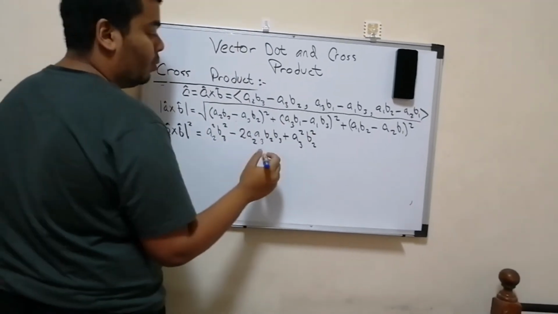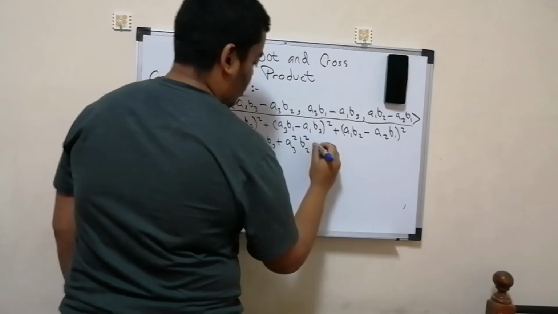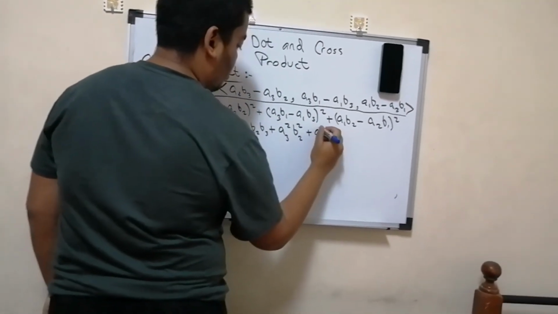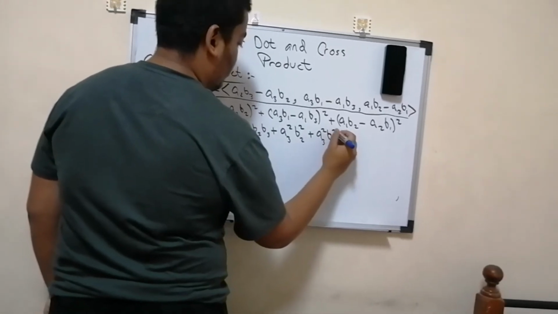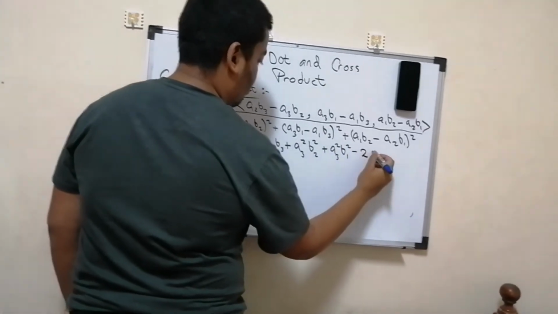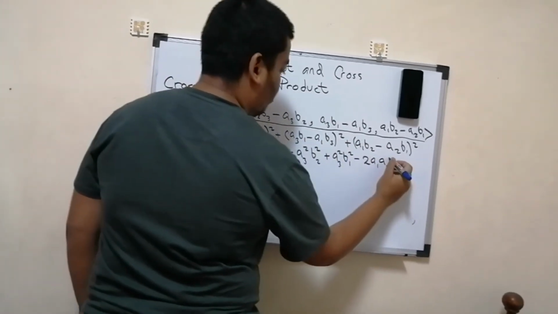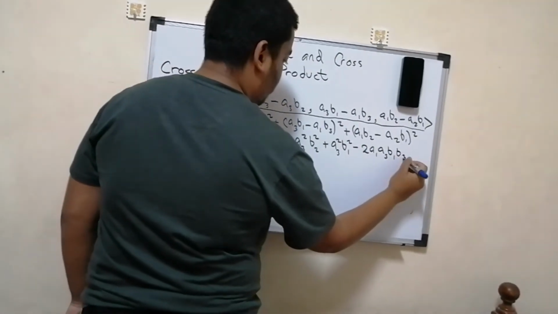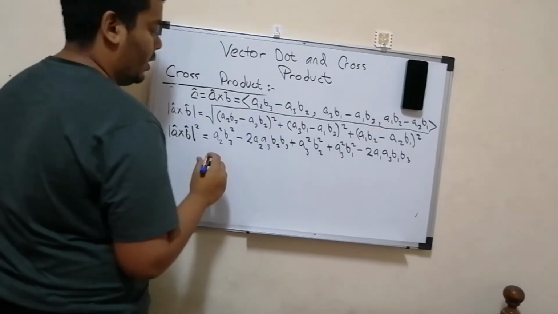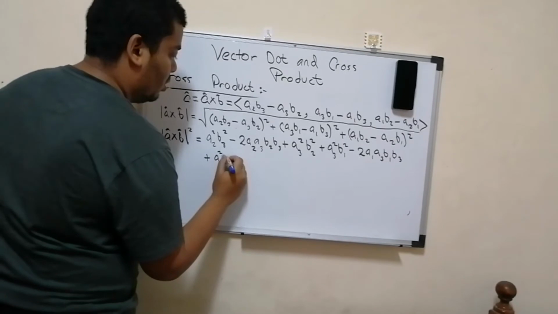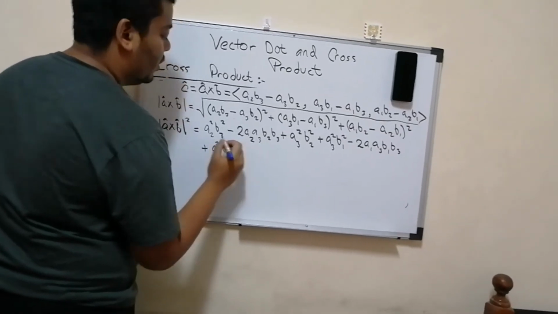For the next term it will be A3 square B1 square minus 2 A1 A3 B1 B3 plus A1 square B3 square.